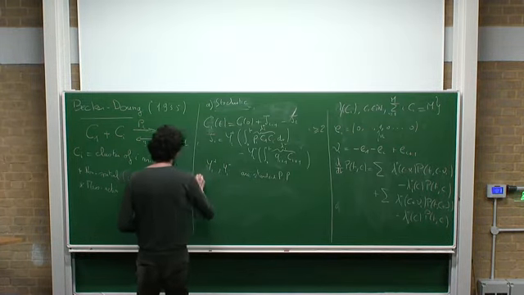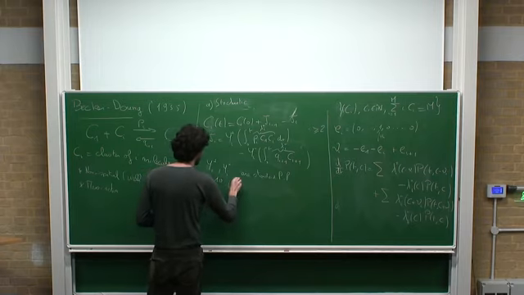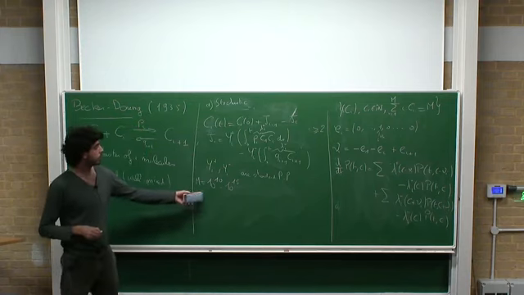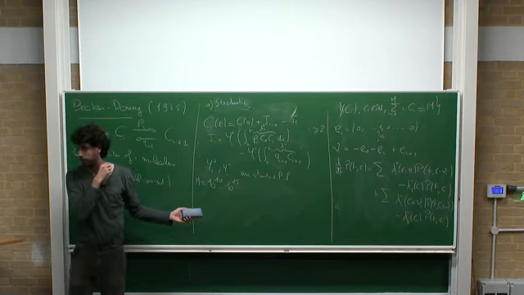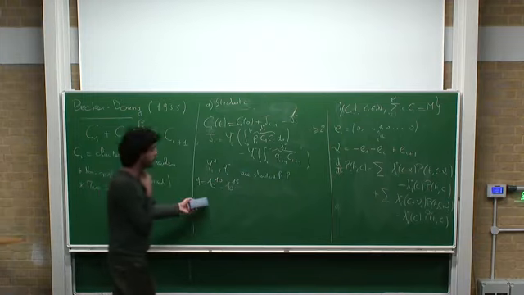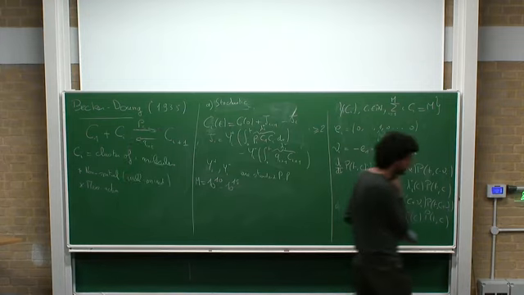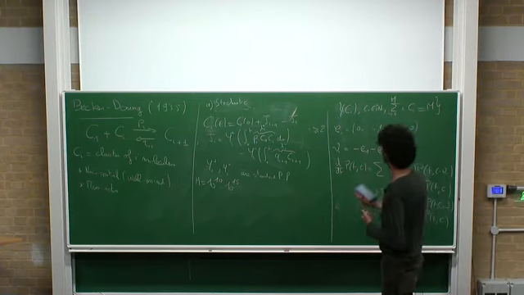In the biological problem, I have n equal 10 to the 10, or even 10 to the 15. If I want to simulate this with initial condition 10 to the 10 or 10 to the 15, I think I will get some problem. Actually, I never tried. Maybe there are some fancy ways to do it, but I don't know how. So I actually work with a reduced model, and this reduced model looks like this.